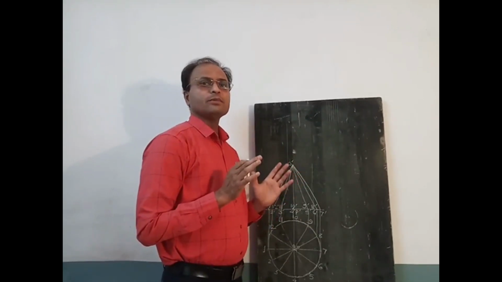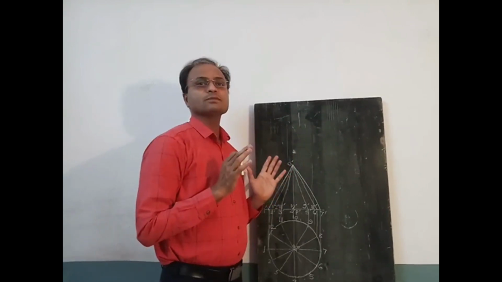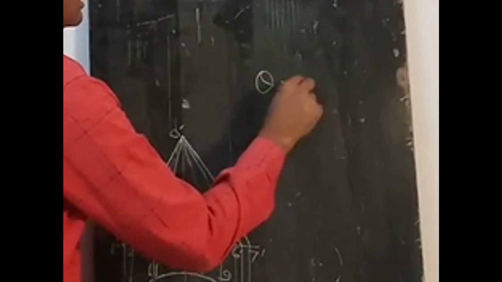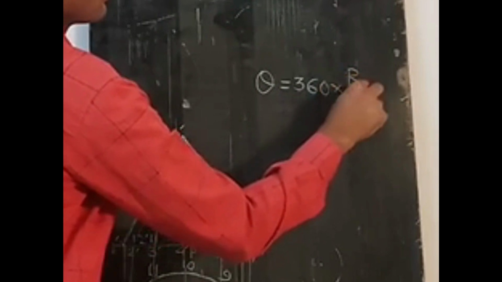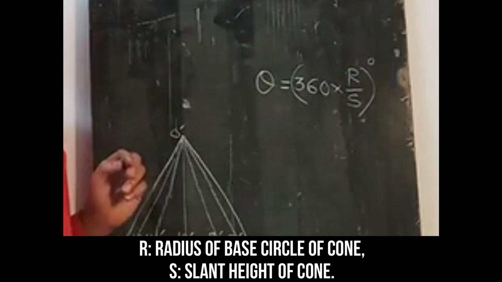In the first session on introduction to development of solids, we understood that the development of a cone is always a sector of a circle. The angle of the sector is given by the equation theta equals 360 times r by s degrees.